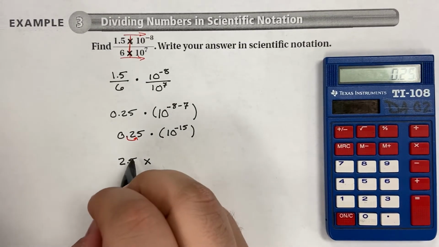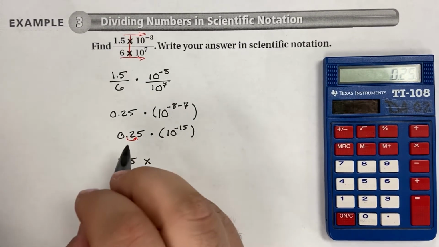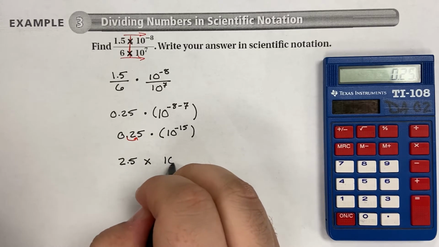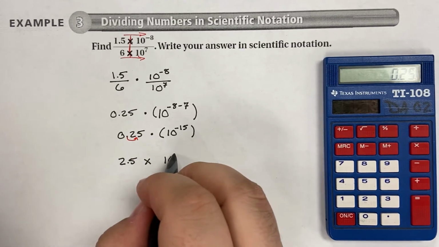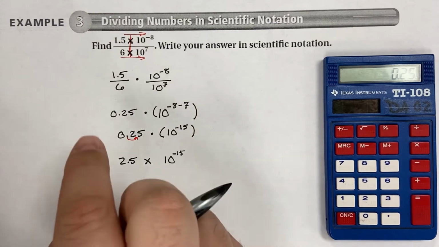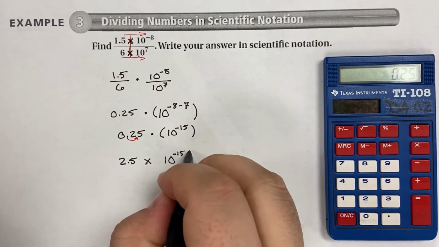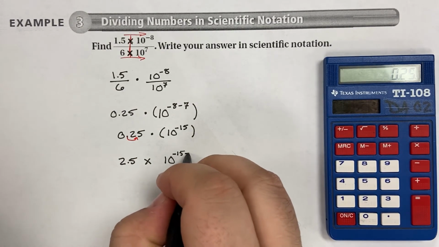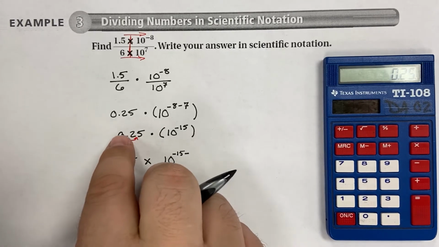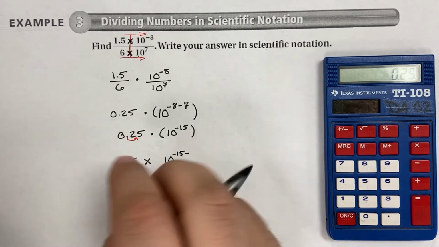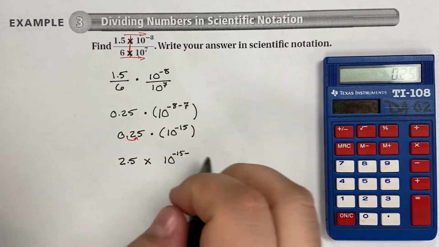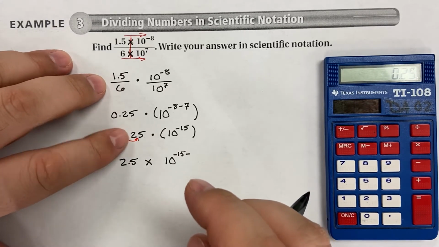So here, because we moved it one time, we made our number smaller, from 25 to 2.5. So you have to look at it in terms of decimal.